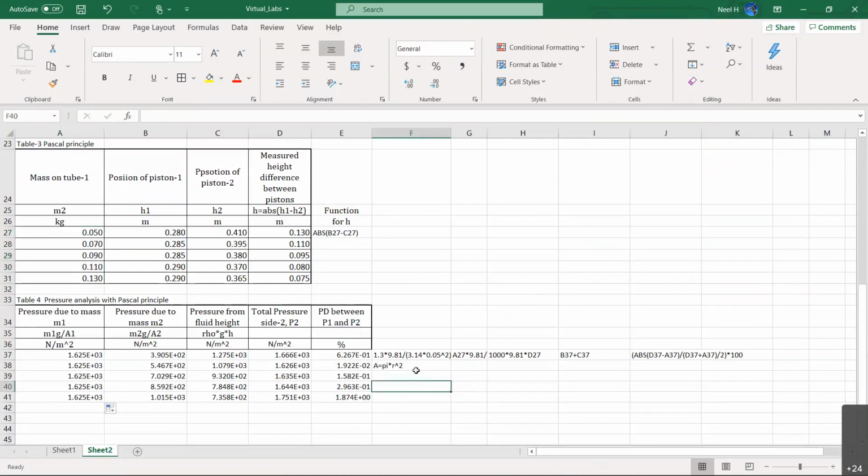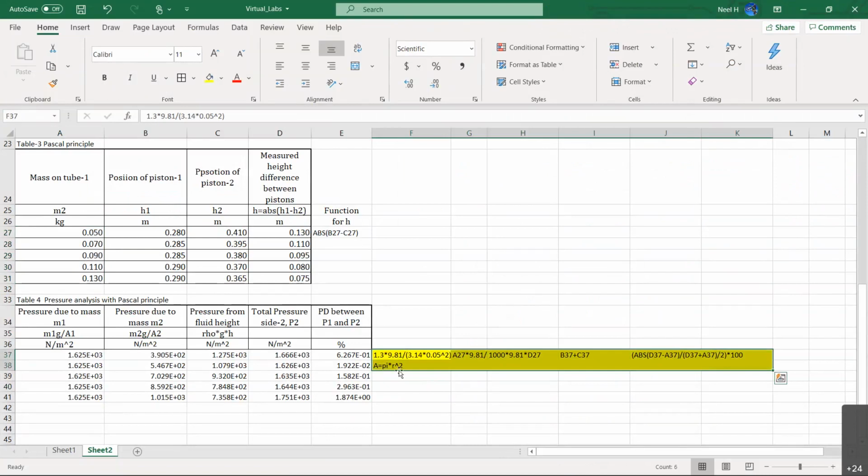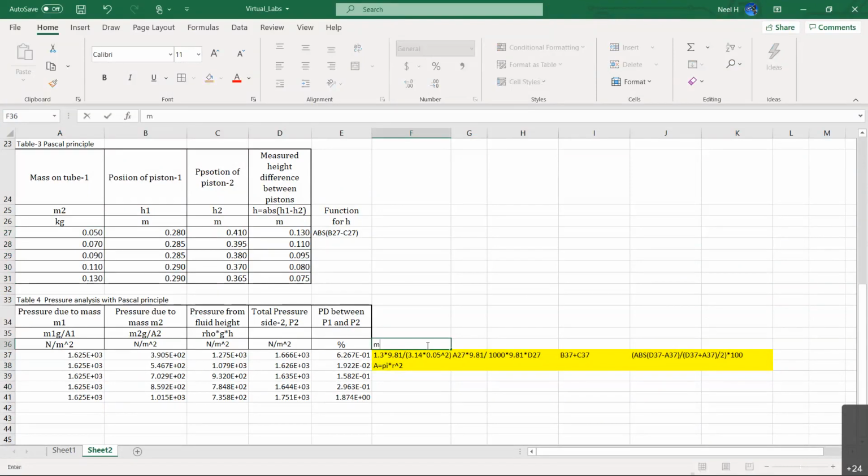Good, any questions? So this part right here shows you the function for this calculation, okay? This part right here is the function for the calculation. It's right here. All of these are the functions. This is the function for M1 G over A1.